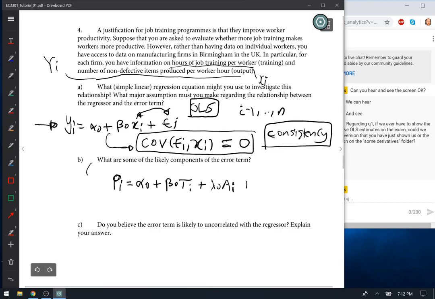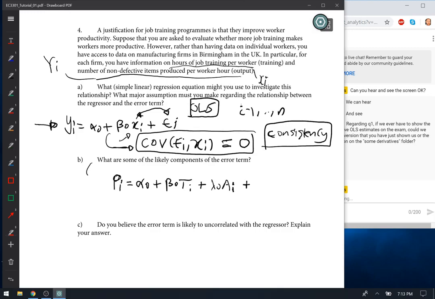And there are going to be many other factors. What this is getting at is we don't really believe that it's just the hours worked that's going to drive their productivity. Namely, if you look at the effect of training on productivity without any controls, you're going to get a similar issue to the wage-schooling example.